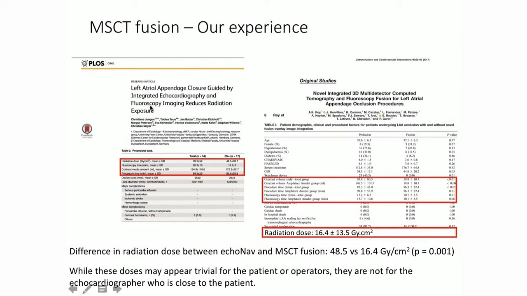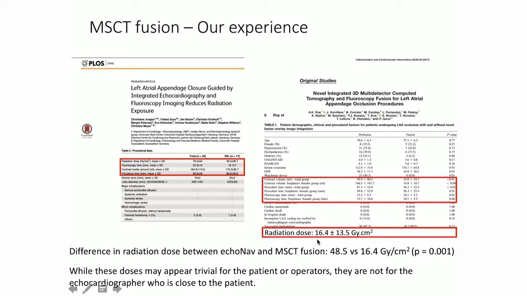This slide shows the use of another fusion modality called the Echo Navigator. In this study, they've shown that the radiation dose to the patient was greatly reduced from 70 to 48 grays per centimeter square using the Echo Navigator. Now in our study, in our first 16 patients, the radiation dose was actually 16 grays per centimeter square.